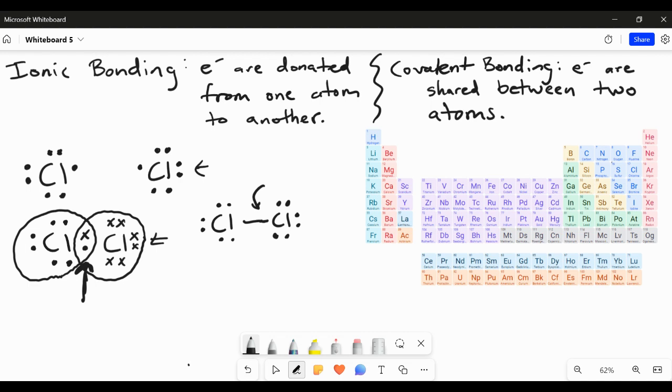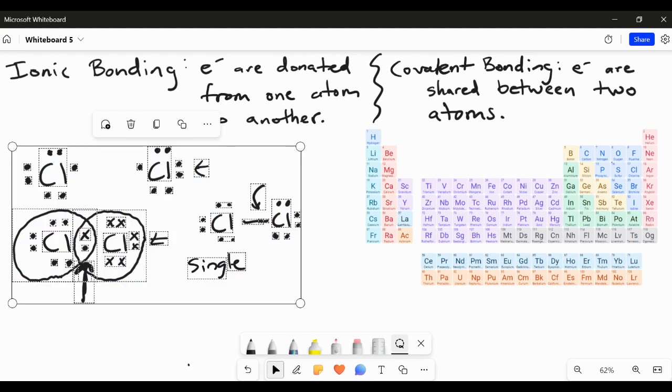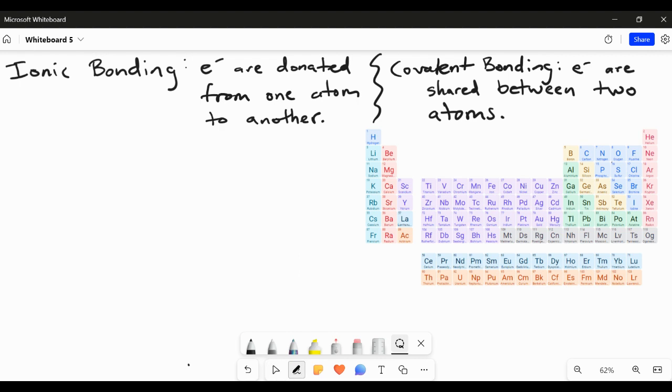Now, there are different types of covalent bonds. There are what are called single bonds. Actually, let me clear some of this off. So there are single bonds. That's when 2 electrons are shared.